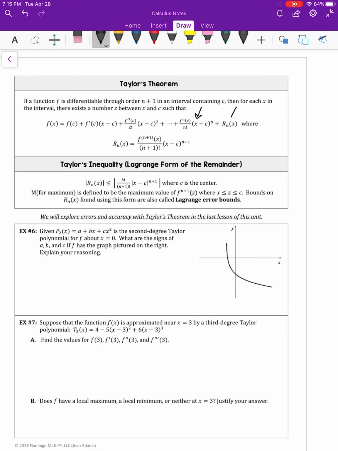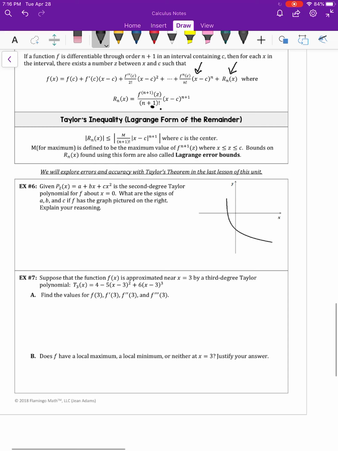And then look, this is the nth term, and this is the remainder. So the remainder is the n plus first term. Notice that this is the n plus first derivative divided by n plus 1 factorial and multiplied by x minus c to the n plus 1.